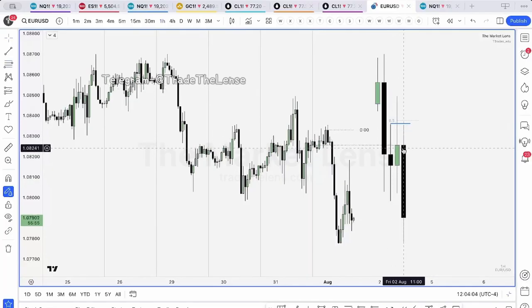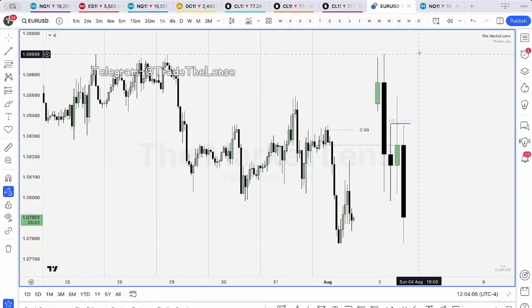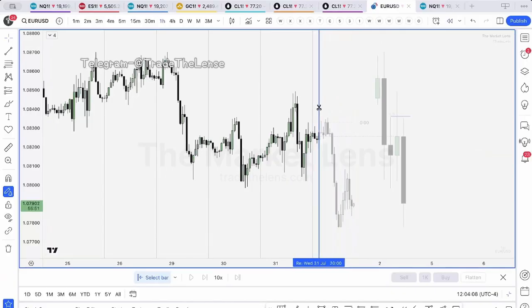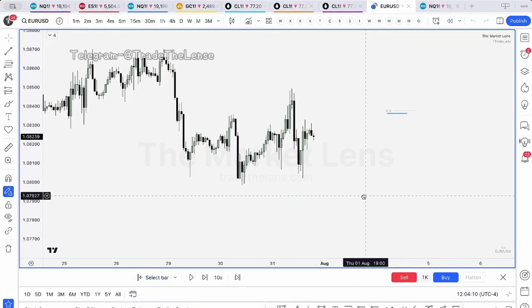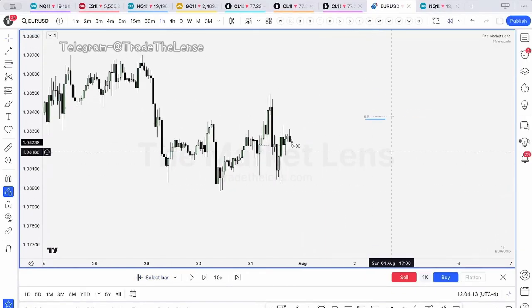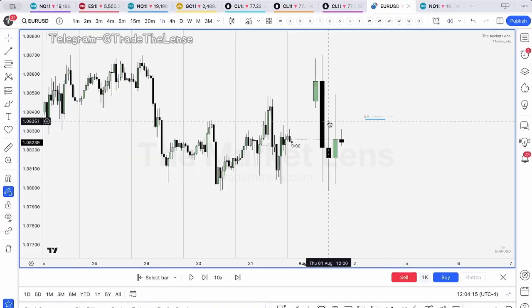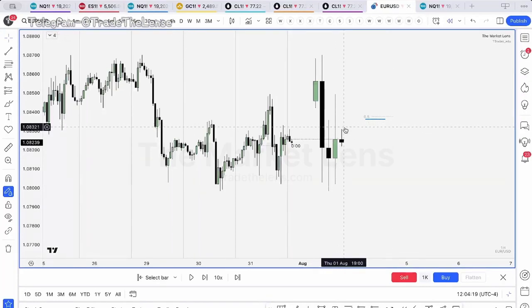So all I'm looking for is, let's say we replay it to here, and let's say I open the charts in here. I see a candle 2 closure right here, and that is my idea for price to then trade lower.